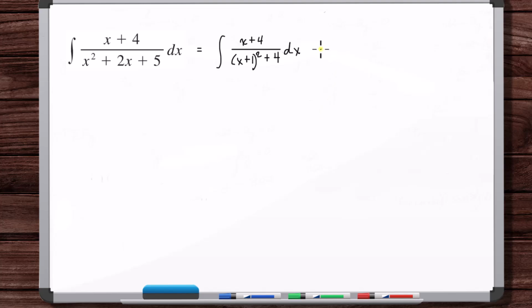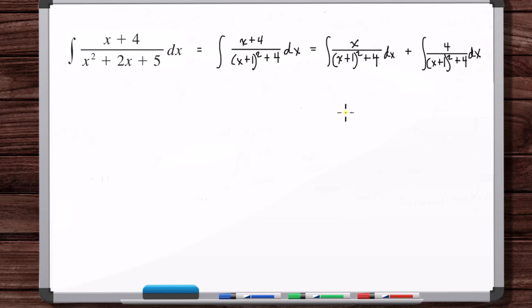Okay, so now what we want to do is separate this into 2 separate integrals. But we want to get this x plus 1 squared into the form of just a single variable squared.